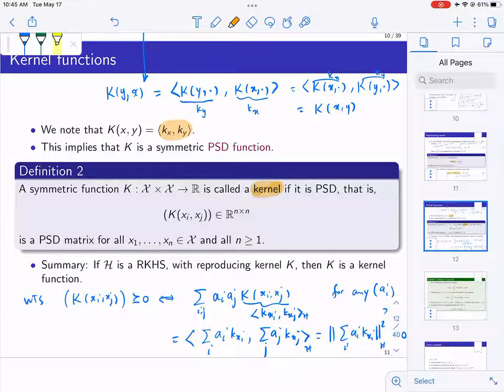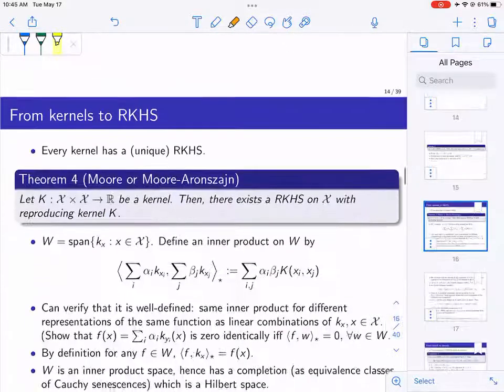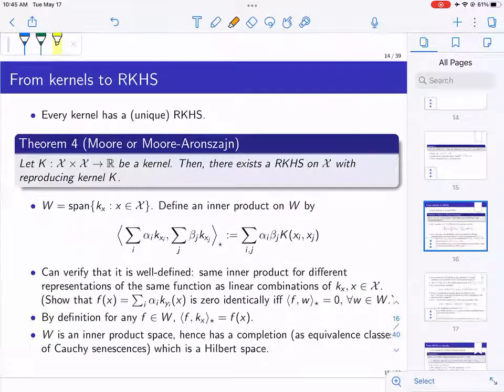Next time, I'm going to try to prove that. This is one of the fundamental results in the classical theory of RKHS: if you have a bivariate function that is a kernel, there exists an RKHS on X whose reproducing kernel is K.